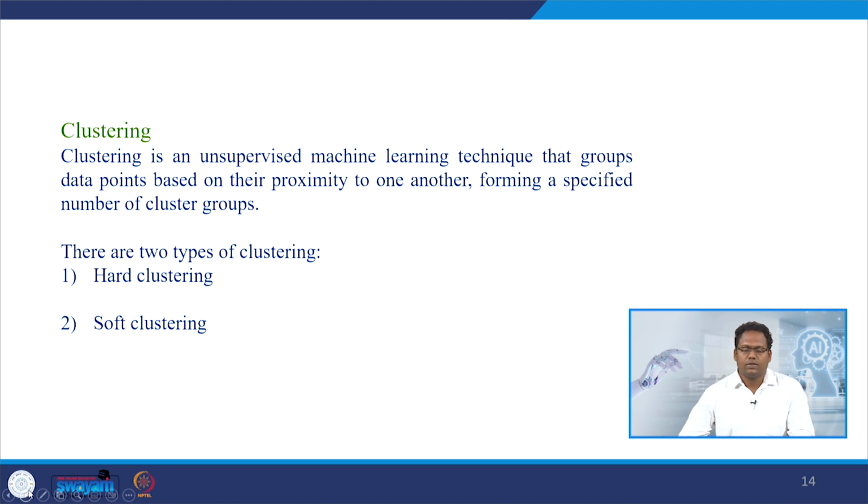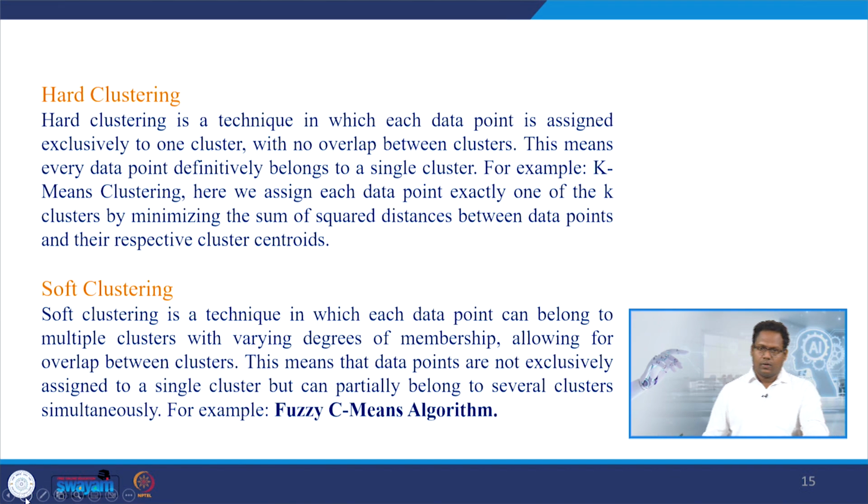When I say clusters, there are two types of clusters. One is hard clustering and the other is soft clustering. Let us talk about hard clustering and soft clustering. Hard clustering is a technique in which the data point is associated with only one cluster strictly.